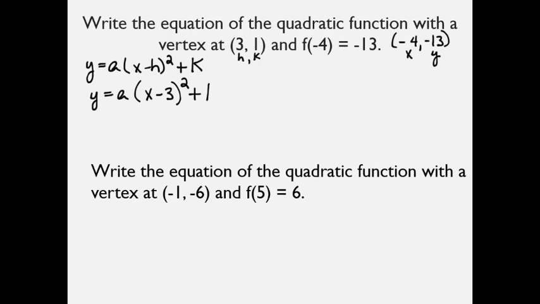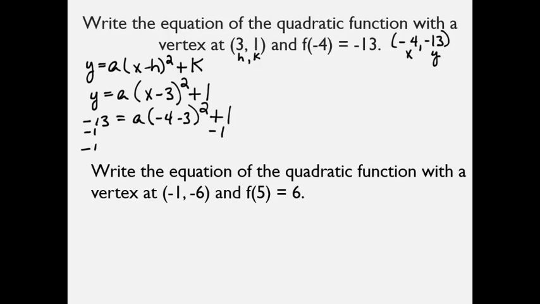Now I'm going to say -13 equals a times (-4 - 3) squared plus 1. So the first thing I have to do before I do anything is get the 1 moved over. So I'm going to subtract 1.